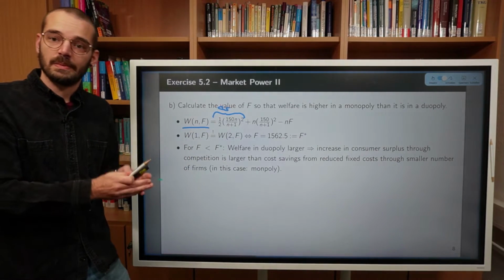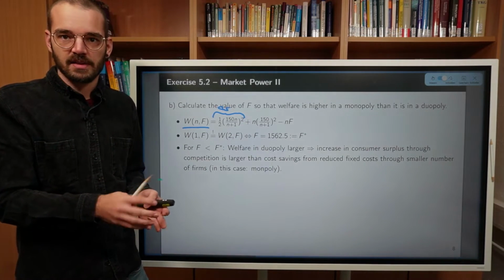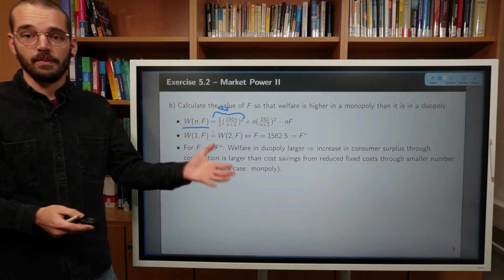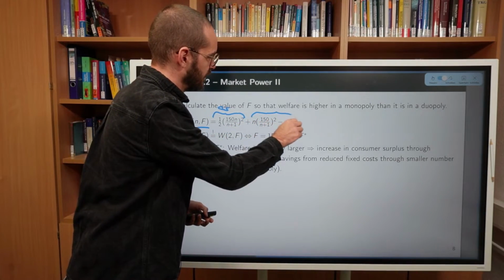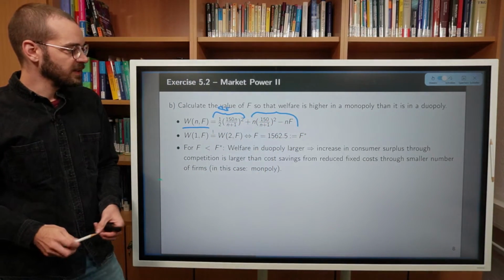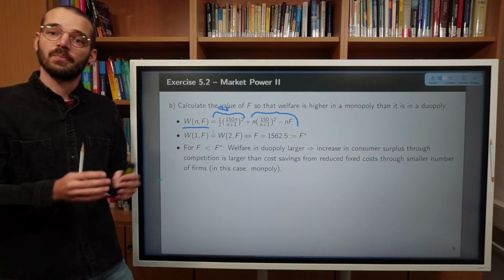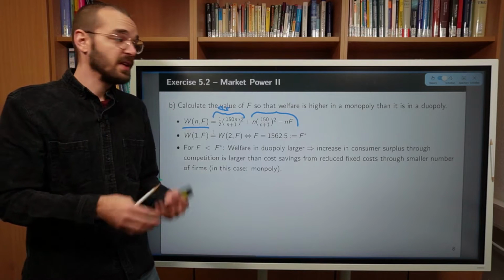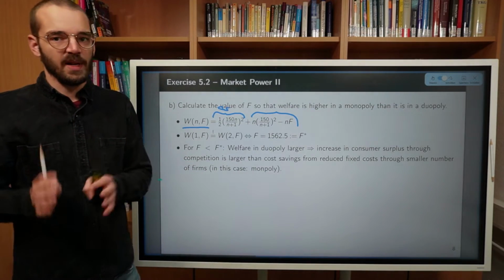And of course, the consumer surplus itself is independent of the fixed costs. Fixed cost is only incurred by the firms. So this is why the second part is maybe particularly interesting. The second part of this equation captures the profits of the firms, which in turn depend on both the number of firms as well as the fixed costs.